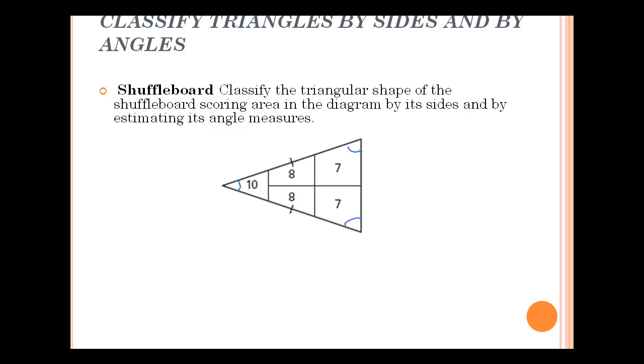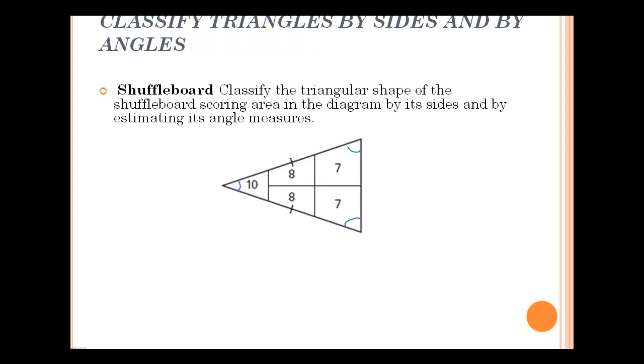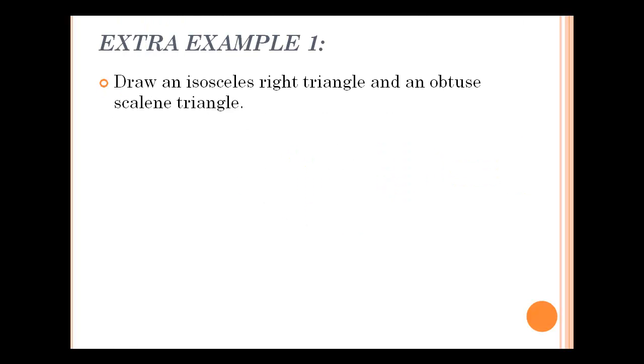Since they're all less than 90 degrees, we have to think of what our name is and then look at our sides as well. All less than 90 would be acute. Then we have two sides marked here as being equal, and when we have two equal sides, that's called isosceles. So it's an acute isosceles triangle.